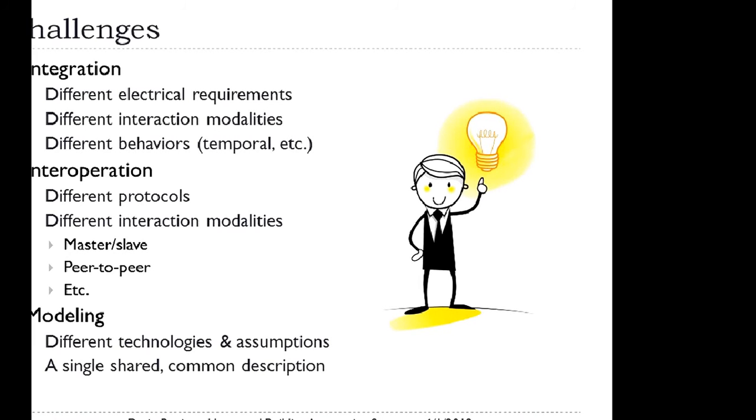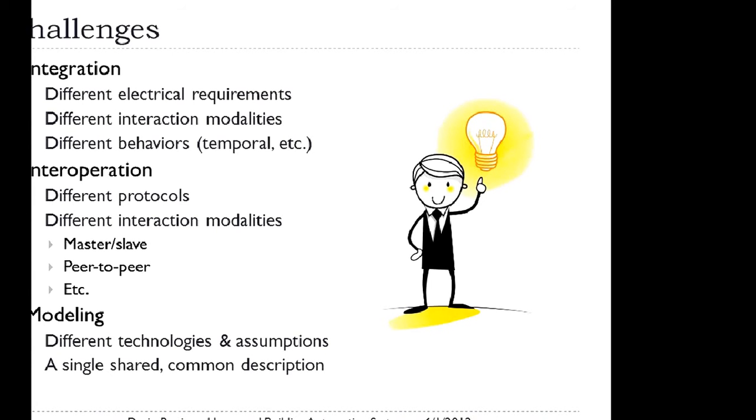They have different electrical requirements, they interact differently, they communicate differently, probably they have different communication means like bus, like wireless technology and so on. And they have a different temporal behavior, or they expose different information, so we need to find a way of integrating and interoperating this information all together.